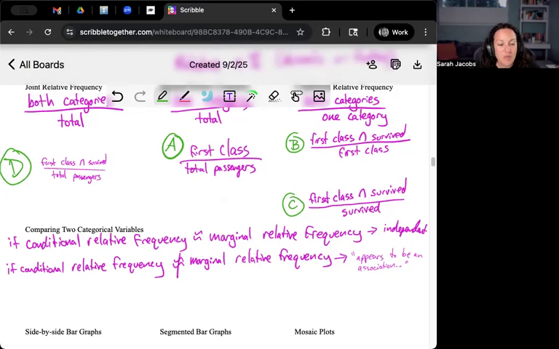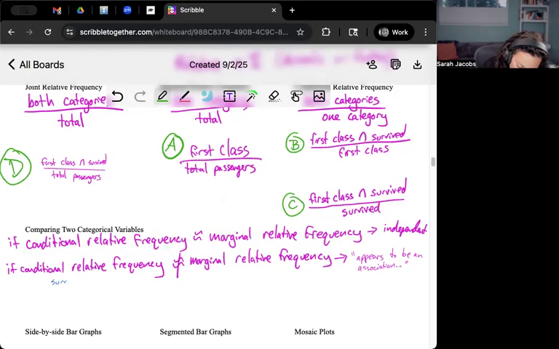Where this comes into play, if we want to see this in action, is let's compare the conditional relative frequency of surviving given first class to the marginal relative frequency of surviving. So what that's going to look like here. I hate this little stray mark there. Okay.